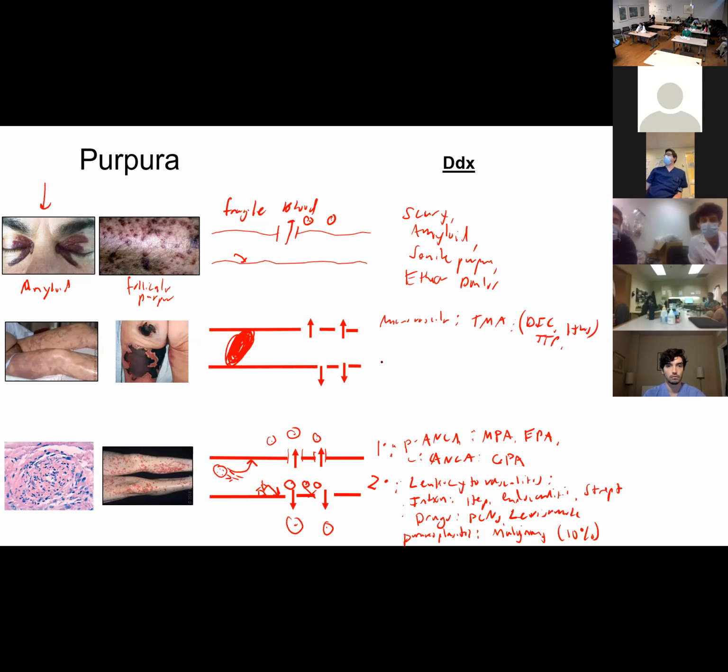And then also macrovascular too. Anytime someone has emboli to the skin or endocarditis, it can absolutely cause purpura.